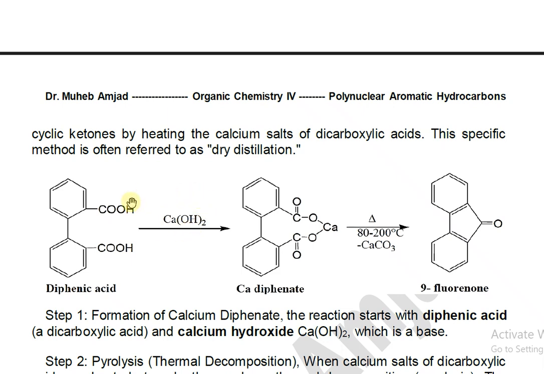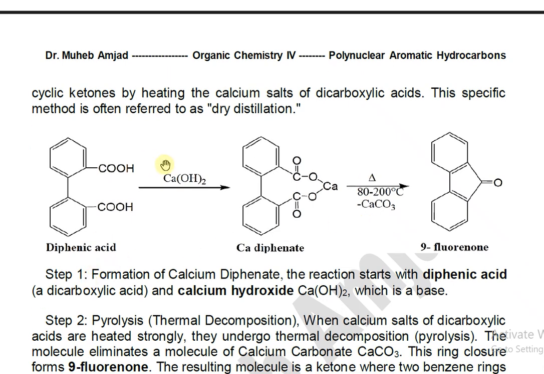The base removes the proton and gives us a coordination complex, called calcium diphenate, and this undergoes cyclization to give us the cyclic ketone under high heating.